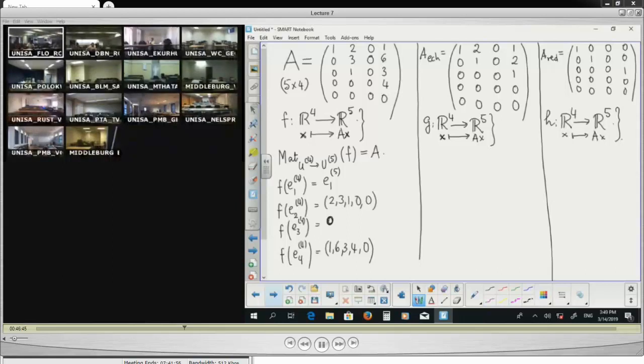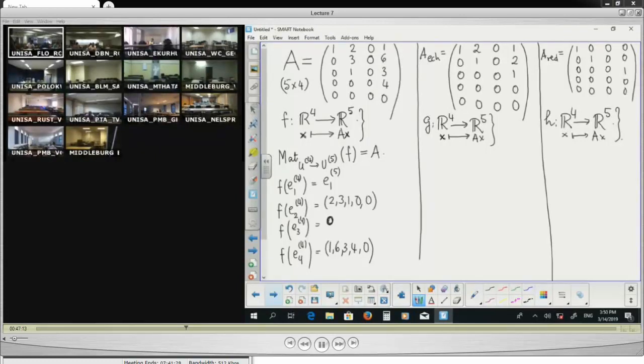And what is that? That is 1 0 0 0 0. Yes. That was my convention that members of Rn, when considered as a matrix, I'll always consider as a column matrix.